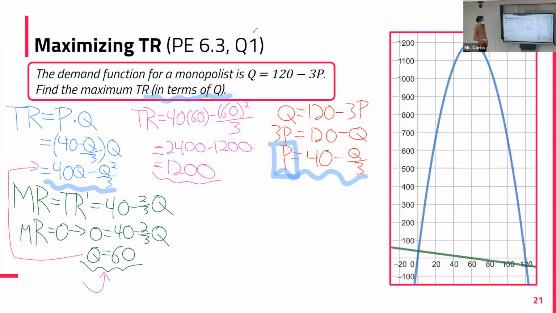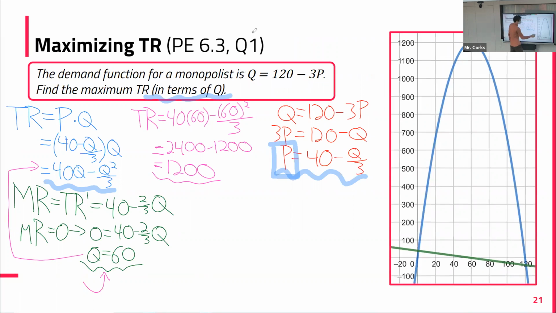And here's the graph of this scenario. We can see we have that 0 for the first derivative happening at 60, and we line that up here. And 1,200, that's the same number we got here.